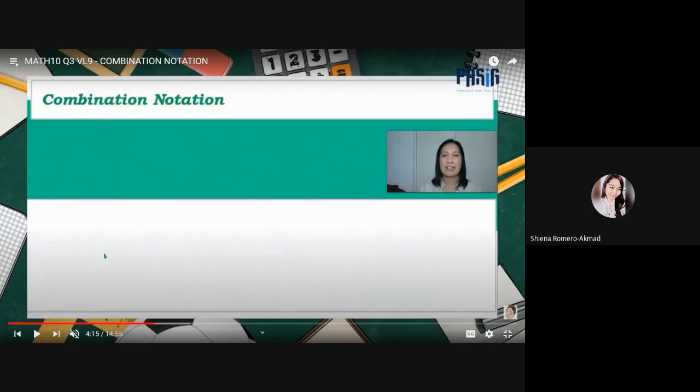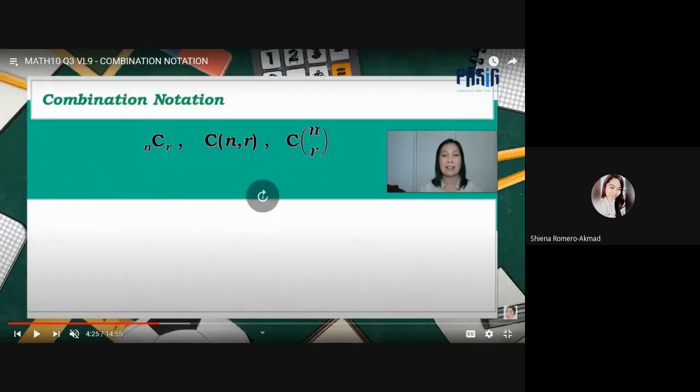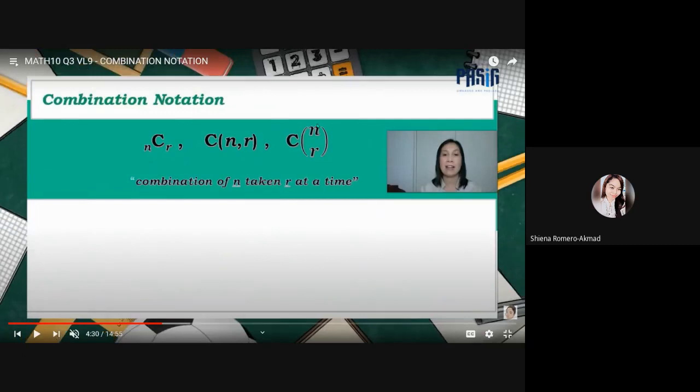So when we say combination notation, it can be represented in 3 ways. So pwedeng combination of N taken R na ganito ang itsura. Pwede din naman ganito o kaya naman ganito. Where we can read the notation as combination of N taken R at a time.